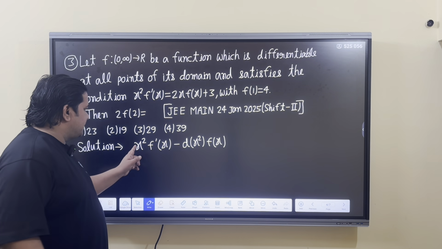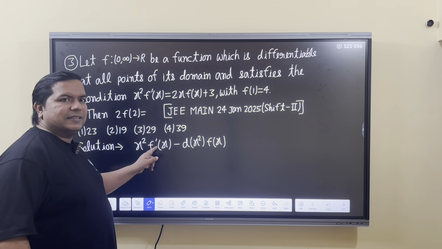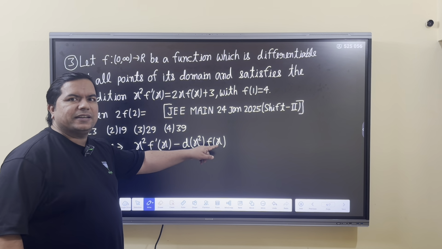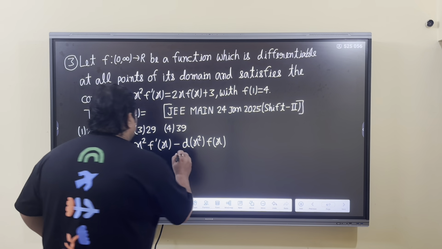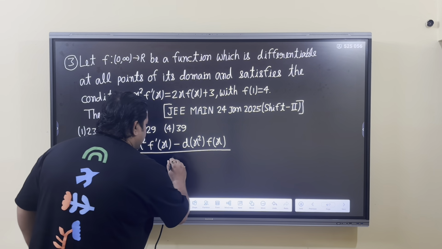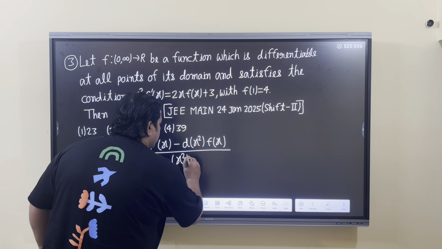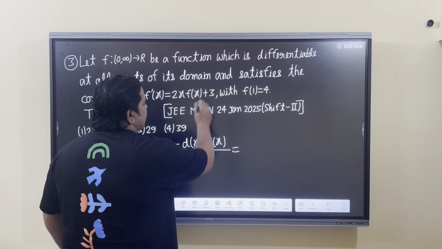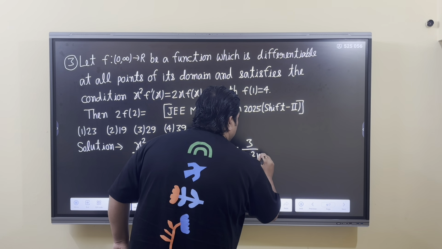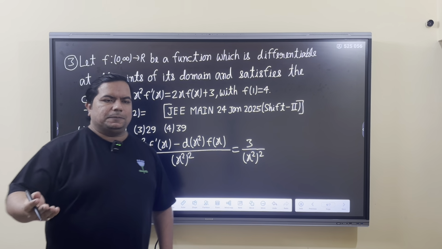So again this is like x and this is like dy, this is like d of x and the other one is like y. So we should divide this by x square whole square. The other side is 3, so we'll divide the other side also by x square whole square to balance the equation.